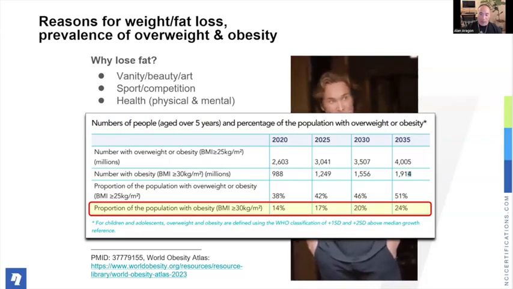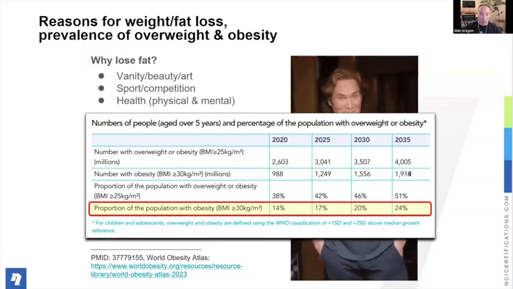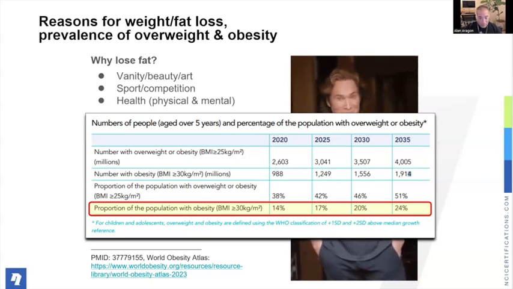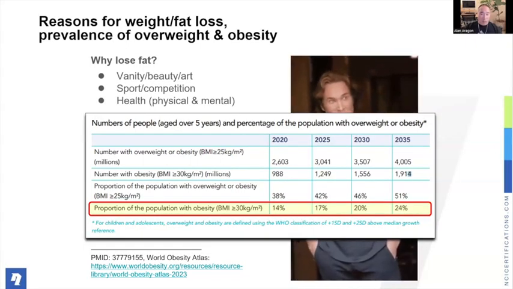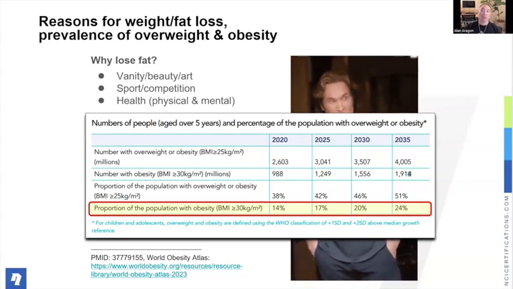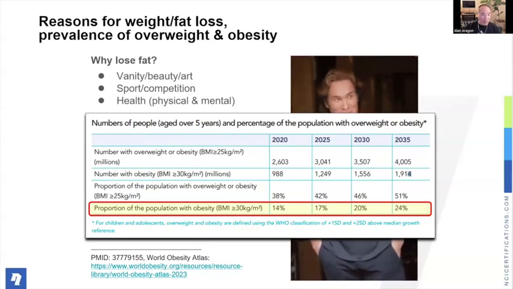As it stands right now, we're around 17% of the total population that has a BMI of 30 and up. And by the year 2035, that number is projected to increase to 24%. And so, unfortunately, obesity prevalence is projected to keep increasing. And that's a bad thing for very many reasons.